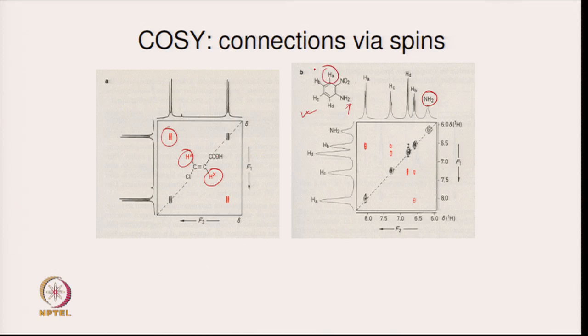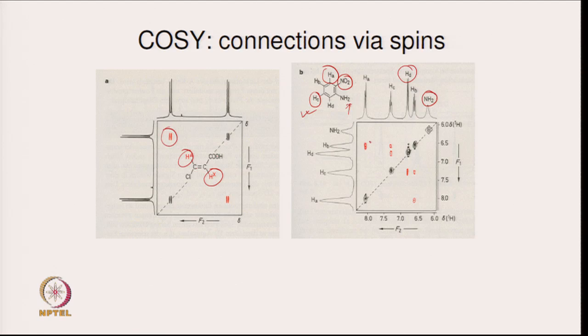HA has the highest chemical shift value because it is near an electron withdrawing group, and that affects HA and HC more because they are in ortho and para positions, and so you get HA, HC. Now, you can look at the correlation.